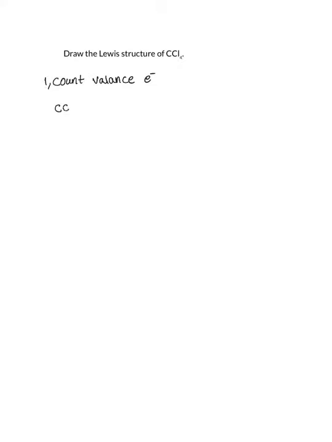Carbon tetrachloride has 1 carbon, and we know that carbon is in group 4, so it should have 4 valence electrons, and it has 4 chlorines. Chlorine is in group 7, so it should have 7 valence electrons, and we have 4 of them, so overall 28 valence electrons.